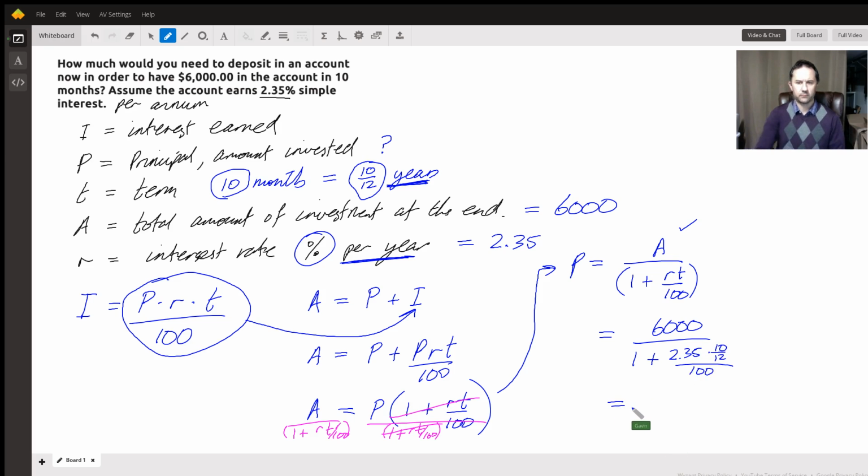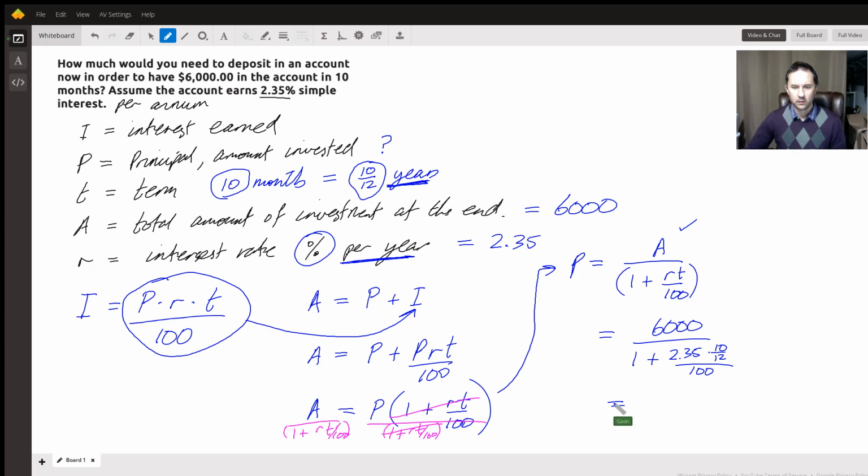Let's see. I'll do the denominator first, starting with the right hand side. 2.35 times 10 divided by 12 divided by 100, plus 1.